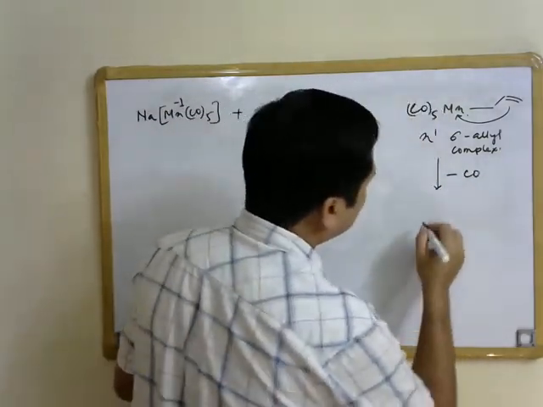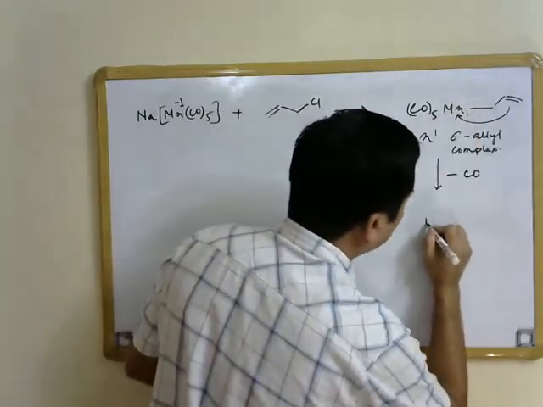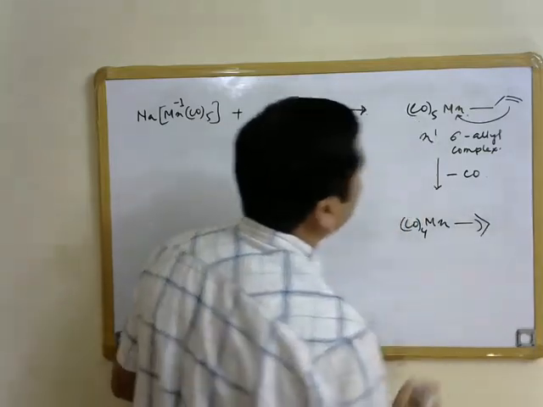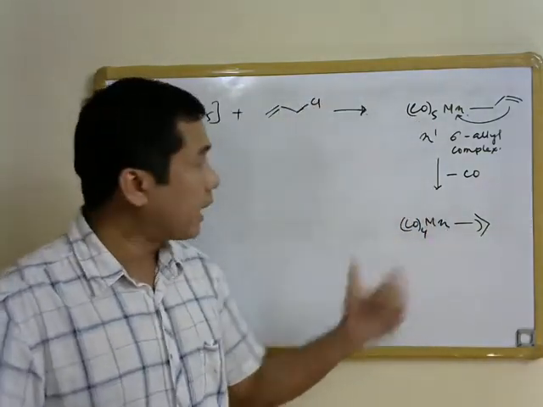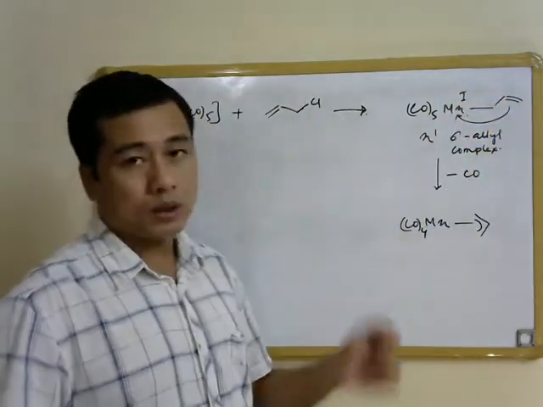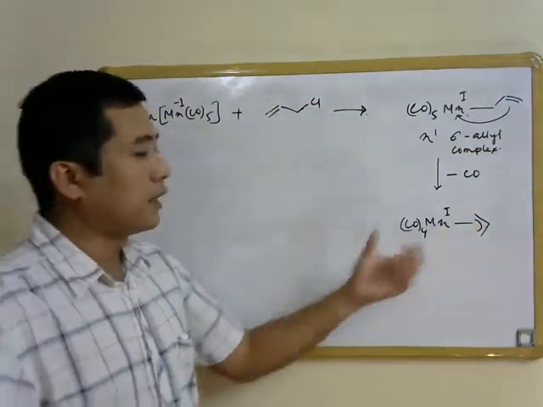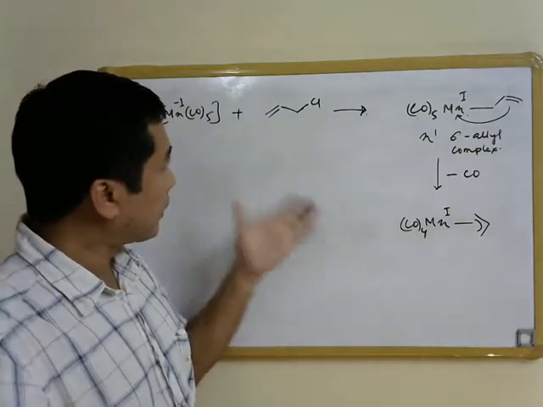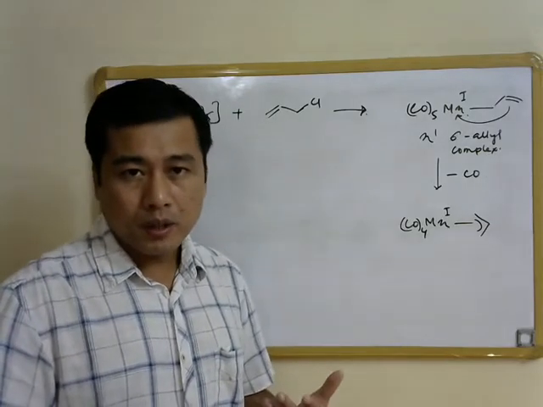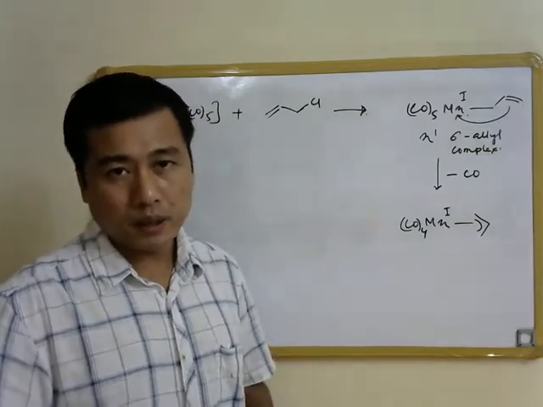So -CO, and the sigma allyl complex eventually turns into a pi allyl complex to give this sort of product, a pi allyl metal complex. Now in this case the manganese is oxidized from -1 to +1 oxidation state, and in the product over here also it is in +1 oxidation state. So this is a reaction where sigma allyl ligand gets transformed into an eta 3 pi allyl complex, by sigma-pi allyl rearrangement reaction essentially.